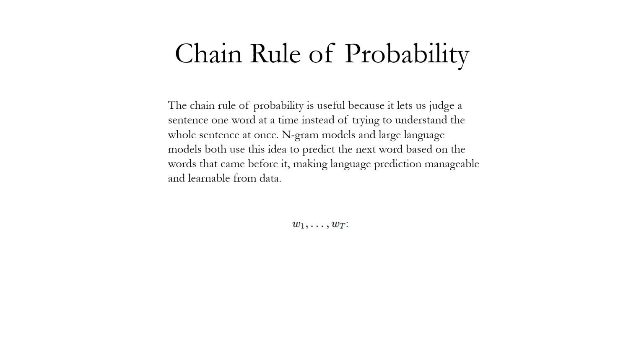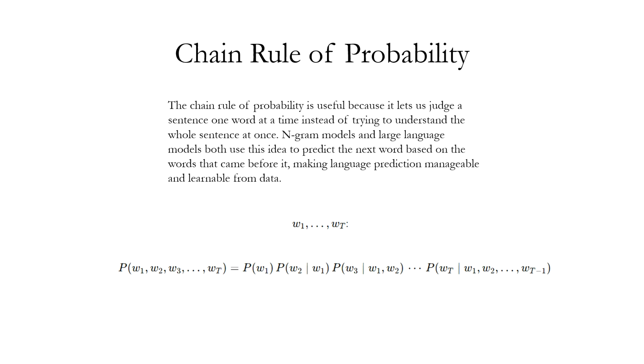So say we've got a sequence of words W1 to WT. We could decompose that. Okay, so if you look at the second term, P(W1) times P(W2 given W1), okay? Then the next term is the third word, right?